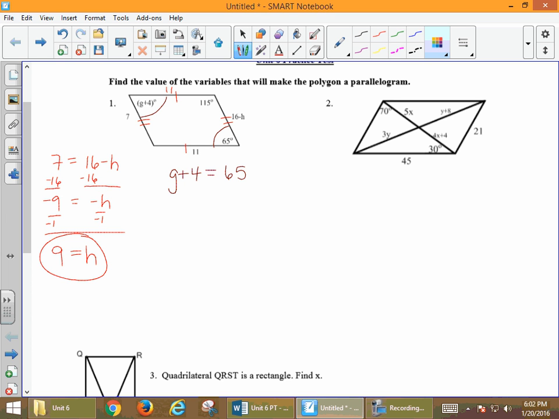In order to solve for g, I subtract 4 on both sides. I'm left with g is equal to 65 minus 4, which is 61. So the answer to number 1, finding both variables, h is equal to 9 and g is equal to 61.